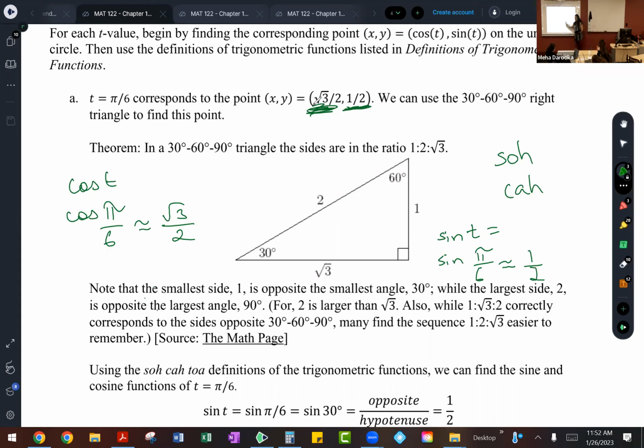But if you were doing it with the triangle, tangent is TOA. So tangent of pi over 6 would then come out to be opposite, which is 1, over adjacent, which is square root of 3, which then you would have to rationalize. And that should come out to be square root of 3 over 3.